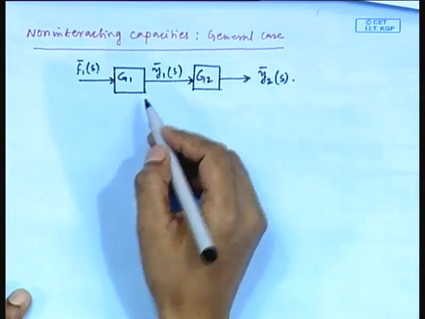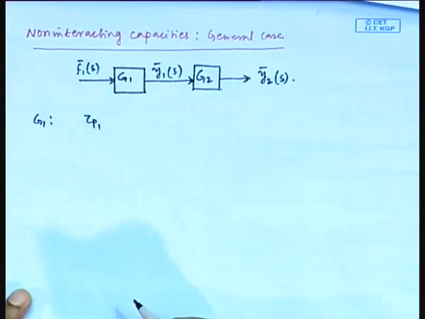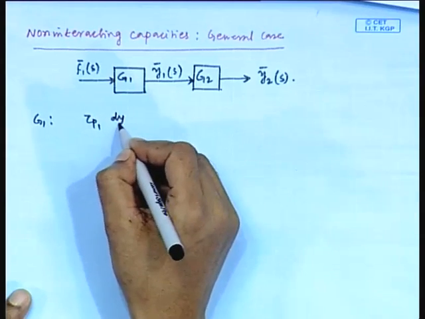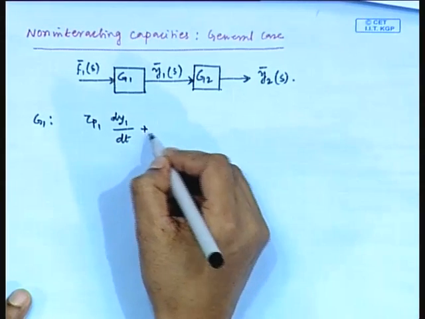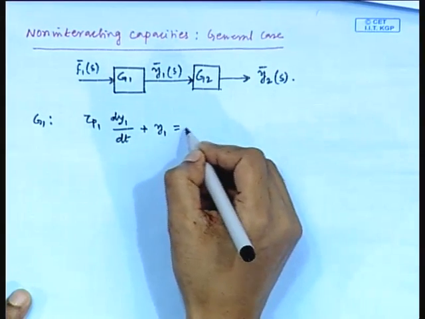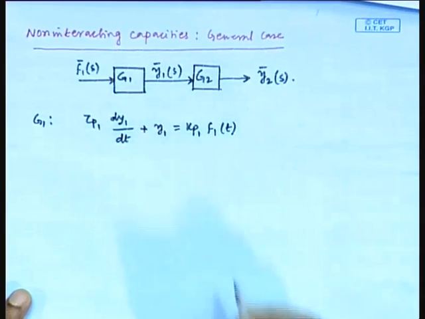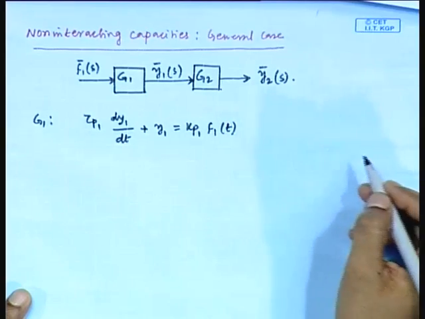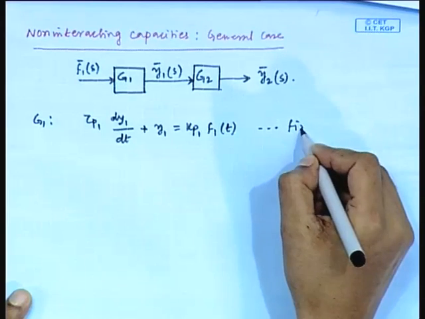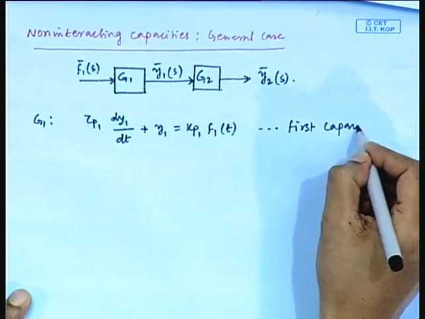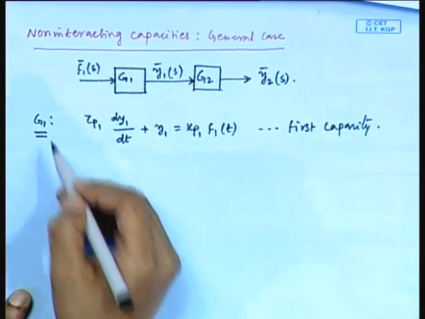I mean for G1, the modeling equation can be written by this equation: tau p1 dy1/dt plus y1 equals k p1 f1(t). So, this is the modeling equation for, say, the first capacity, which has the transfer function of G1.